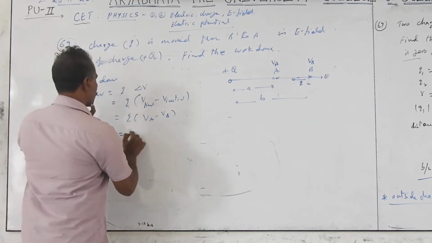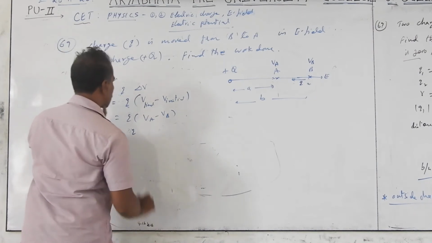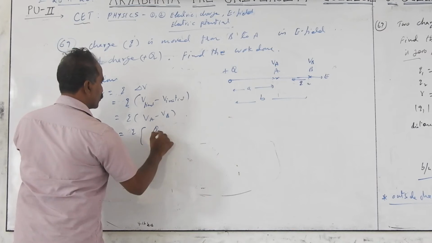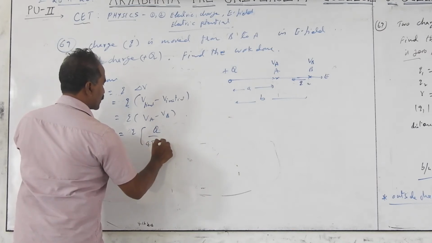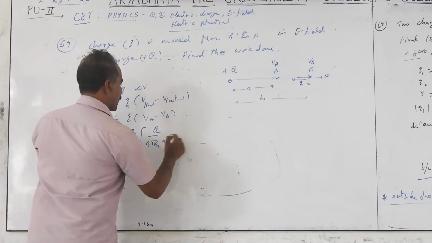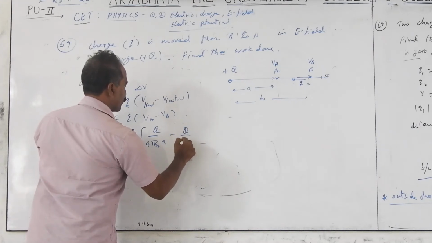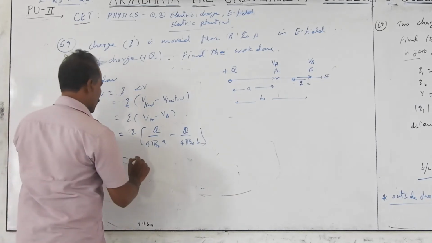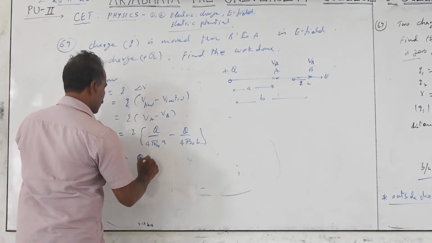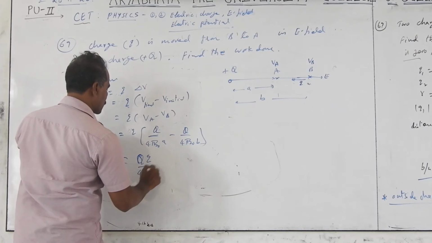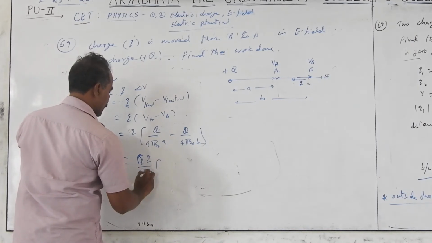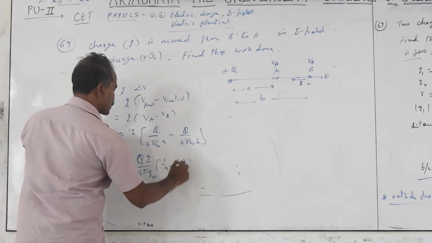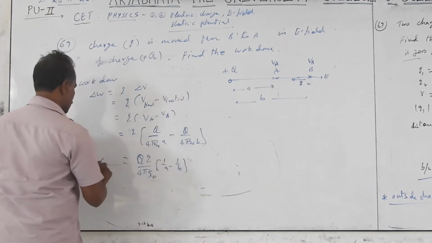What is VA? From the diagram, consider the distance. Potential at A because of capital Q is Q by 4 pi epsilon naught into A, minus Q by 4 pi epsilon naught into B. Take 4 pi epsilon naught out common, q also can be taken out common: qQ by 4 pi epsilon naught into (1 by A minus 1 by B) is the answer.